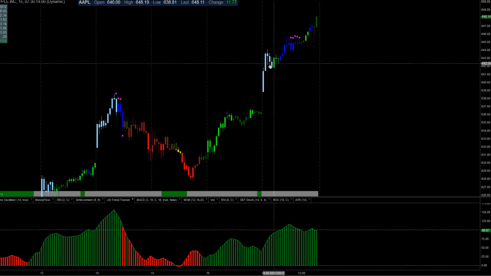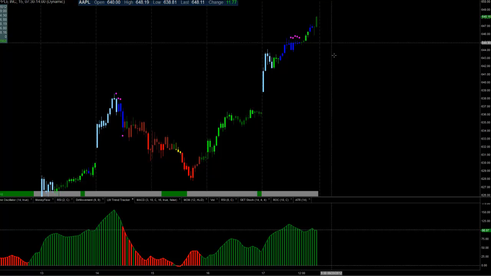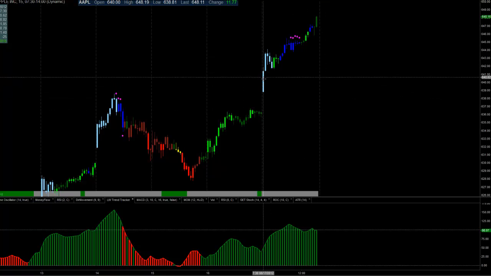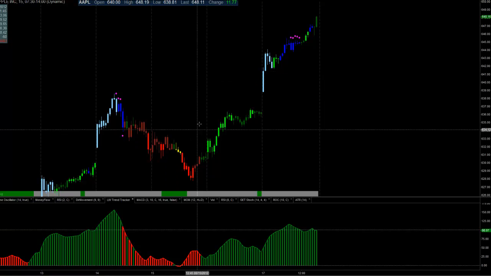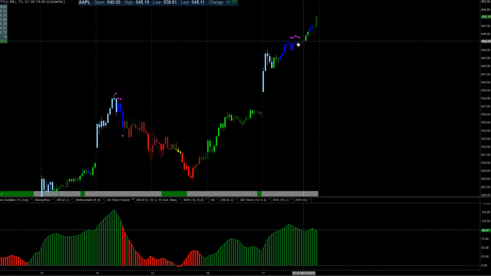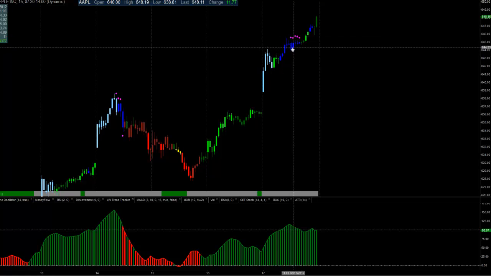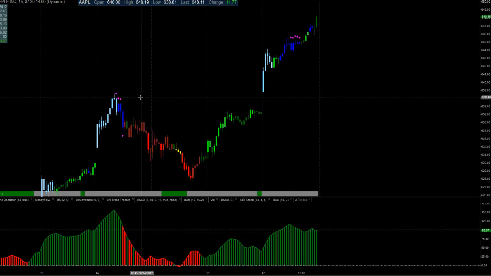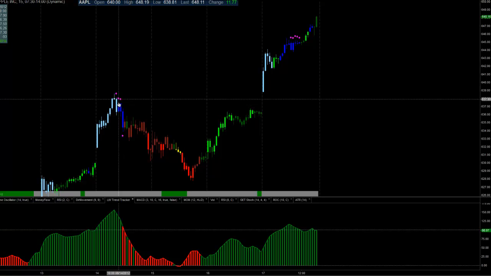You'll see light blue candles on 5-minute or 3-minute charts through the day when something happens, but on the bigger charts you typically only get those at the start of the day. And notwithstanding what happened here with Apple, these dark blue candles are typically a wonderful indicator of when you should expect a counter trend move.